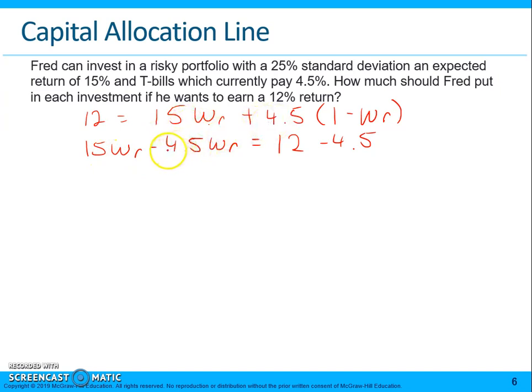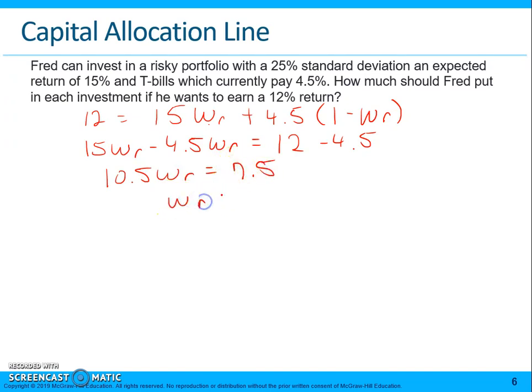The minus 4.5 WR is 4.5 multiplied by the negative WR. The minus over here, the 4.5 is just 4.5 divided by 1, so we subtract it from both sides of the equation. So this gives us 10.5 WR is equal to 7.5.